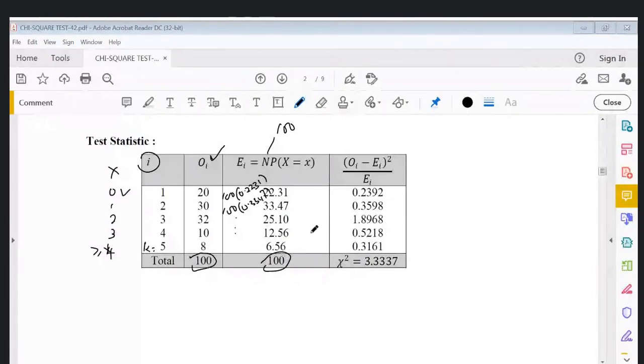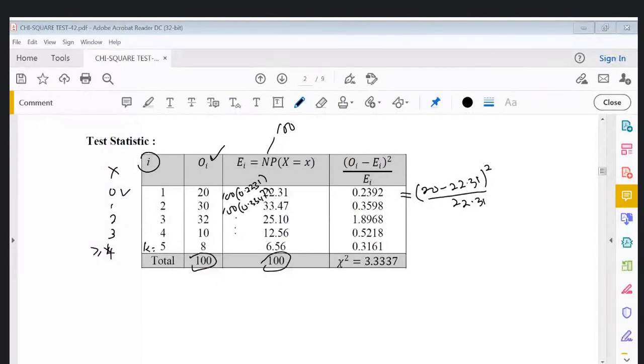Okay, after that, we calculate the chi-square terms. For the first row, it is O, which is 20, minus Ei, 22.31, power 2, divided by 22.31. We can get the value using the formula.